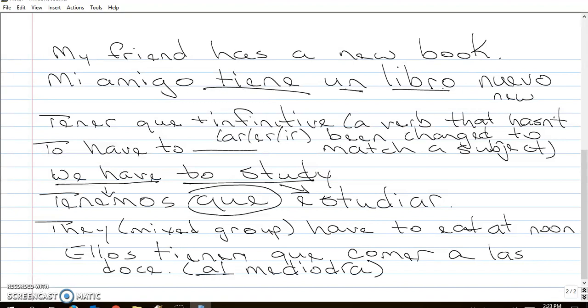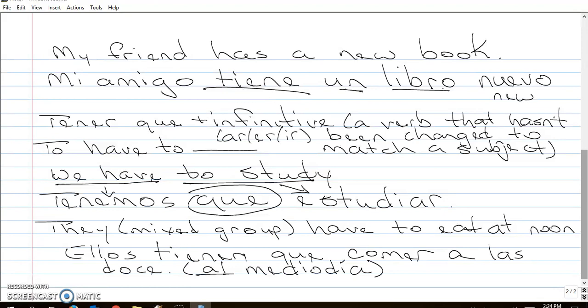The al is a contraction of a and el, and we use el with mediodía. So, we have to eat at noon. Ellos tienen que comer a las 12. Okay, that takes care of that.